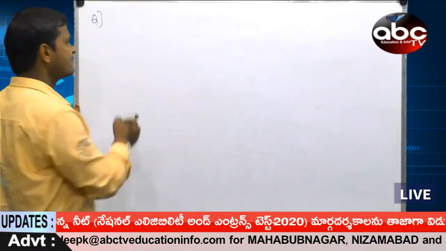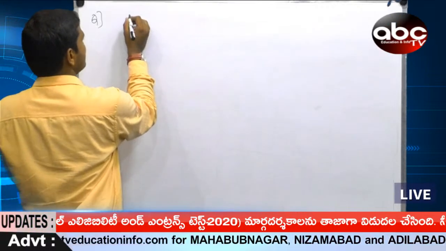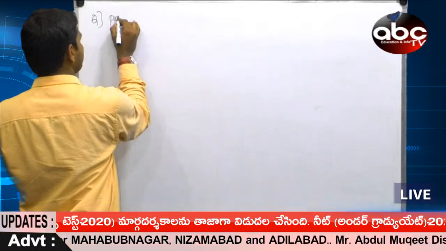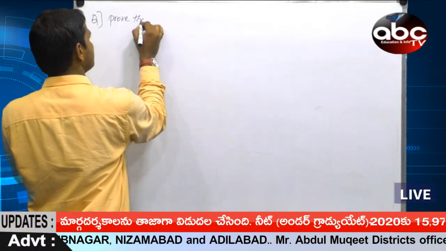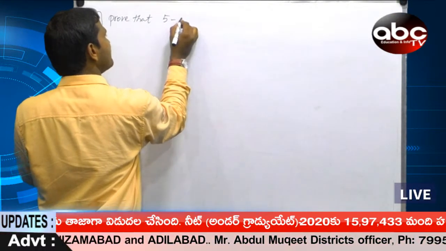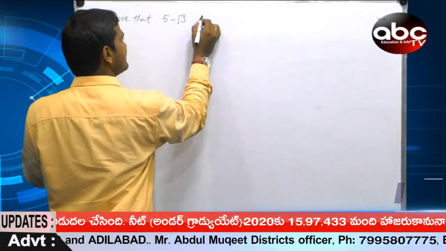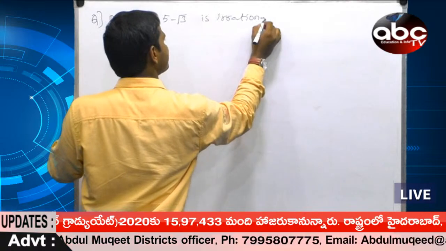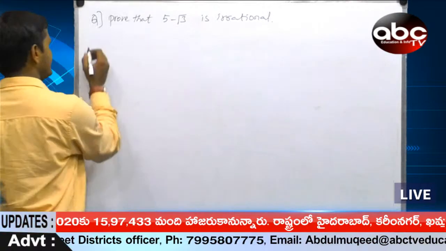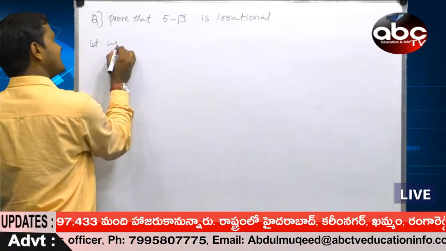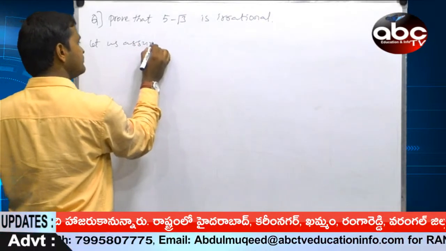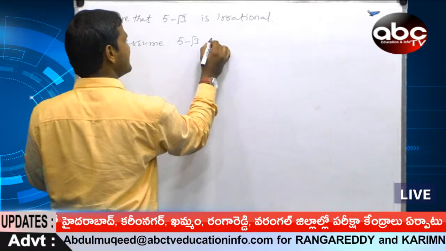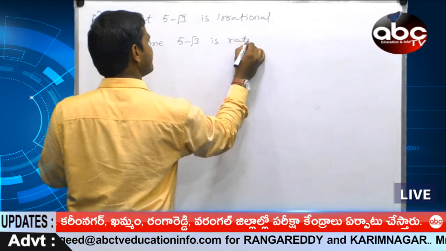Okay, prove that 5 minus root 3 is irrational. Let us assume 5 minus root 3 is rational.